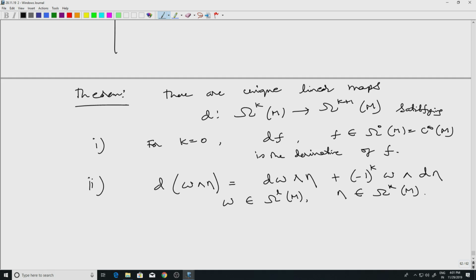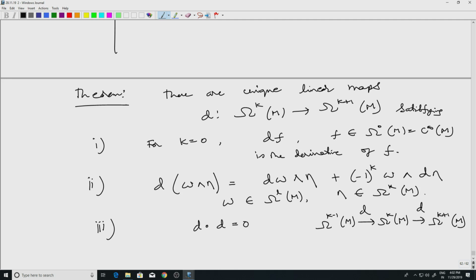And the other crucial property of this d is that d composed with d is 0. So this is Omega^{k-1}(M) to Omega^k(M) to Omega^{k+1}(M); I have a d here and a d here. As I said earlier, strictly speaking, they are different maps since they have different domains.